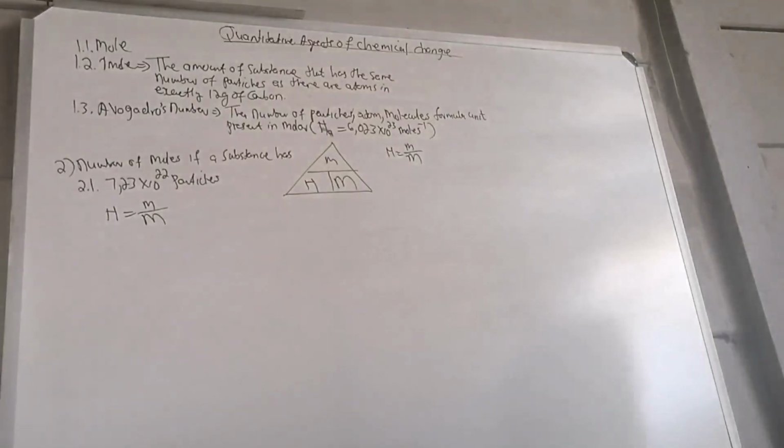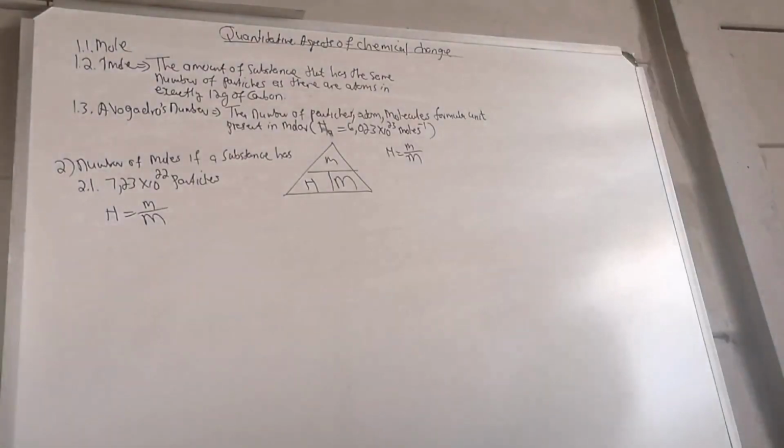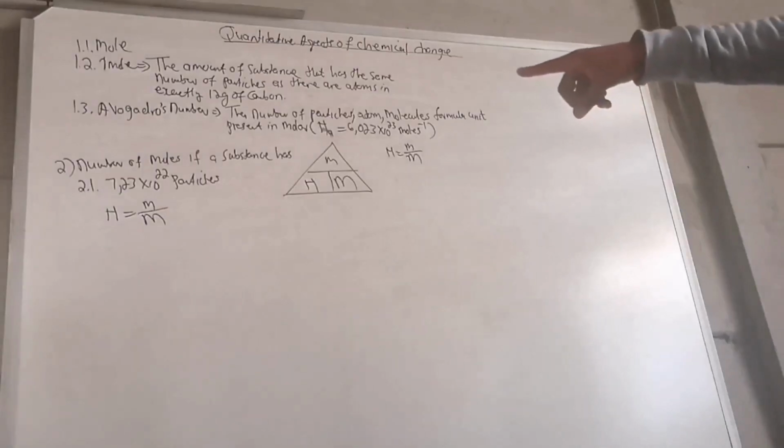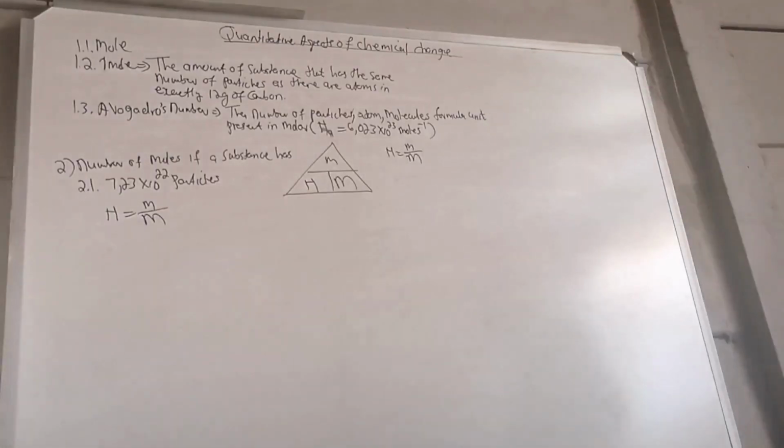There's a problem: how can I get the mass or the molar mass? So the question is, how do I relate this number of particles to the number of moles?